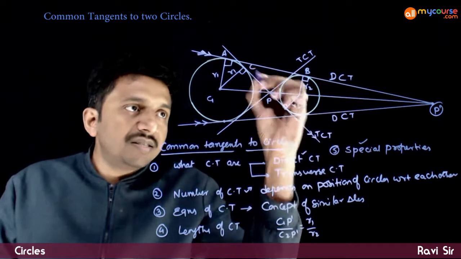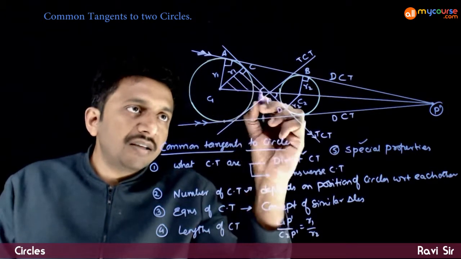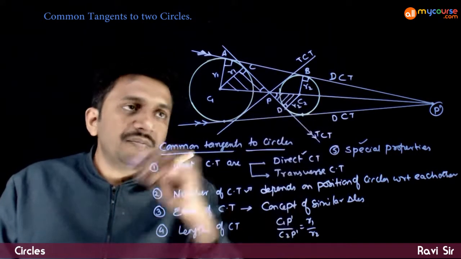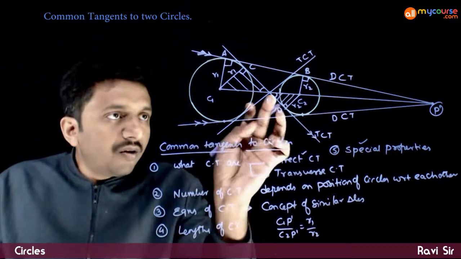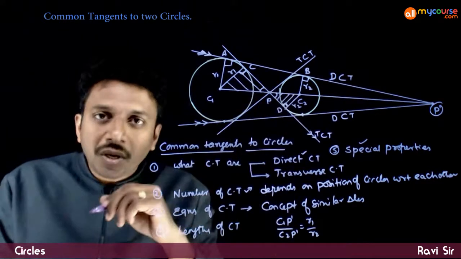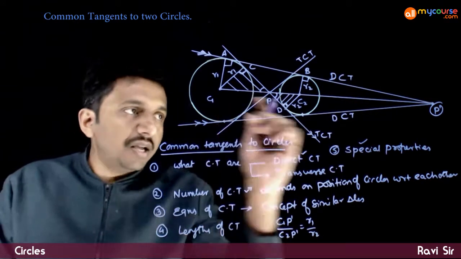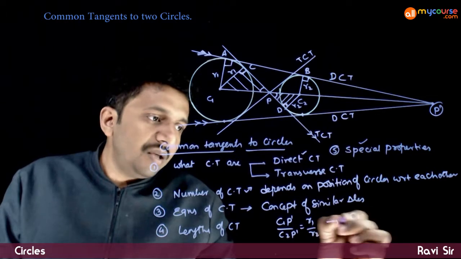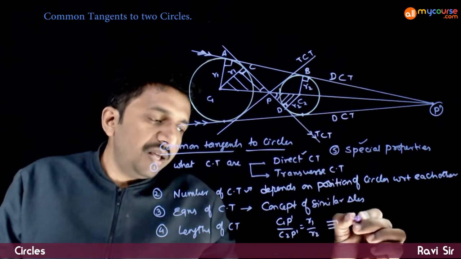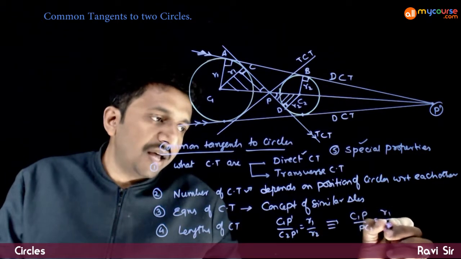If this point is C and this point is D, can you see that this triangle is similar to this triangle? Vertically opposite angles are equal, and 90, 90 is equal. Two angles are equal, so these two are similar. So here also C1P by PC2 is equal to R1 by R2.